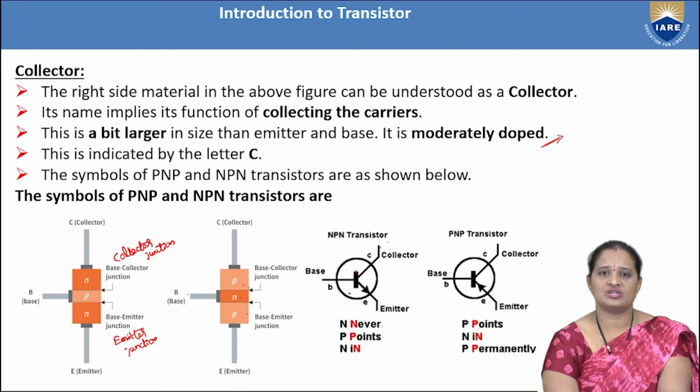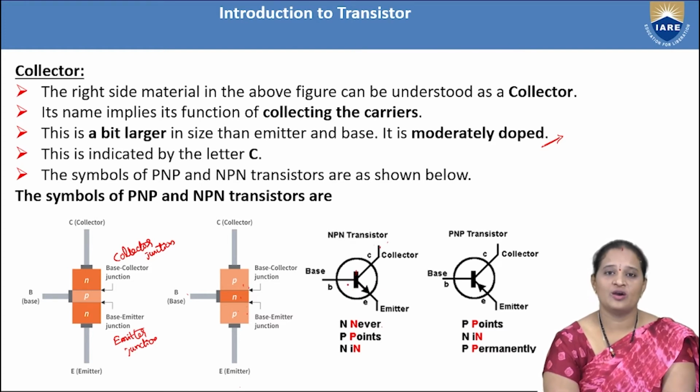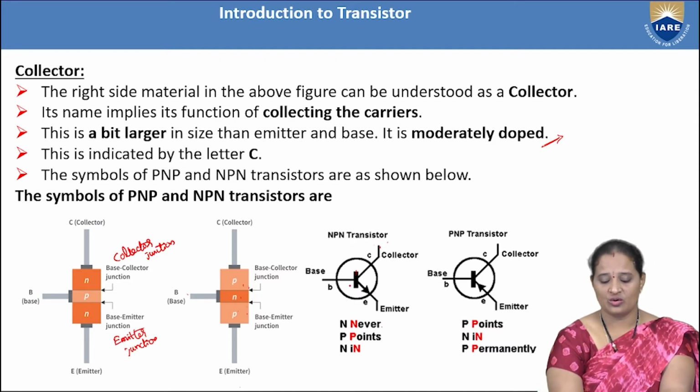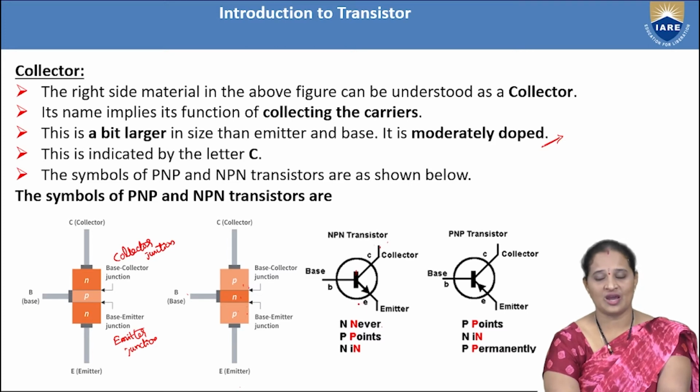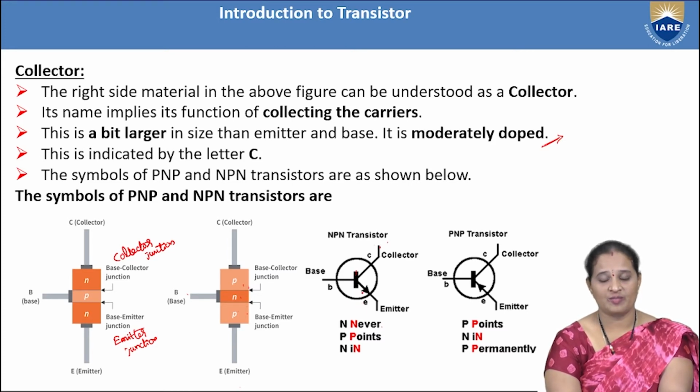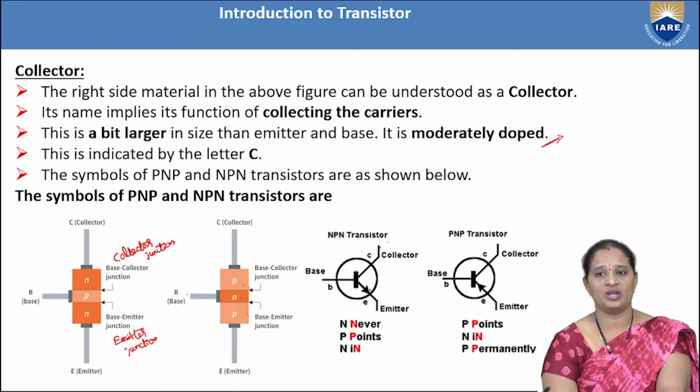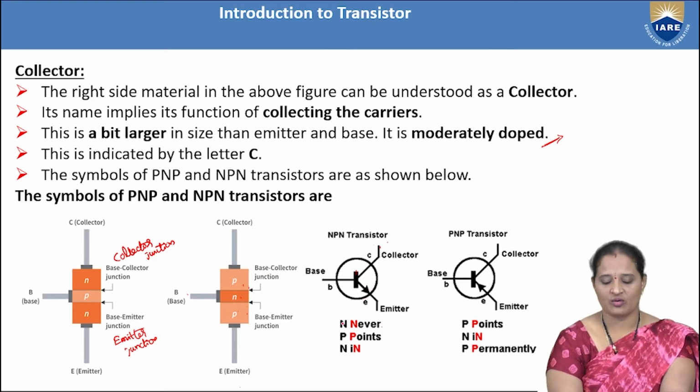What do you mean by conventional current? This is the current due to the motion of holes, that is, positively charged. So this is the direction of conventional current, and for an NPN transistor the arrow mark will always be pointing out. That is why we call it never points in.